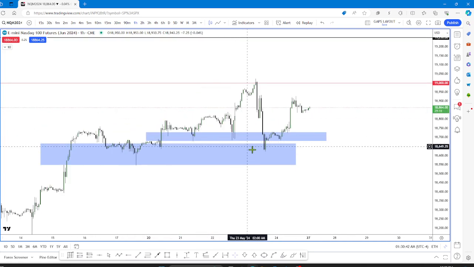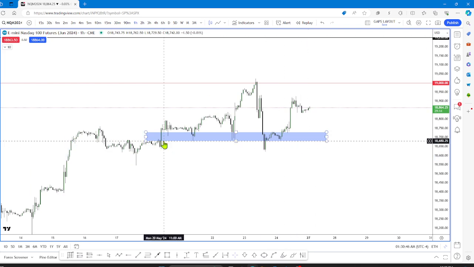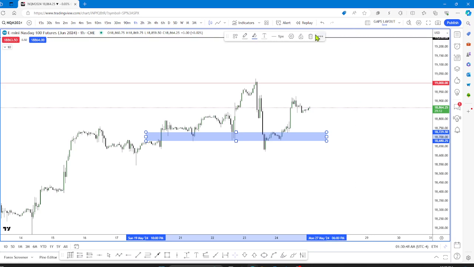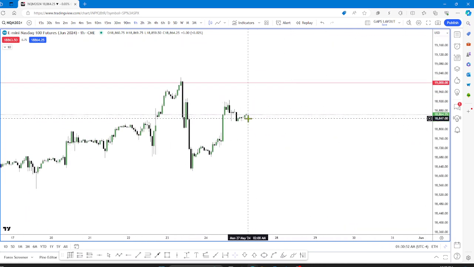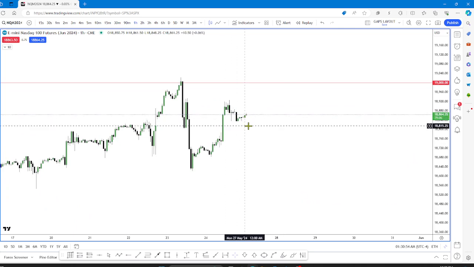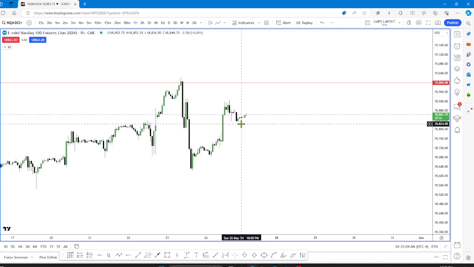It'll be interesting to see now how we react. If we take this off, how we react here, because we could get maybe some more internal liquidity here to the downside, which would cause the DXY to come up for that volume imbalance and that 1 hour breaker we were just talking about.